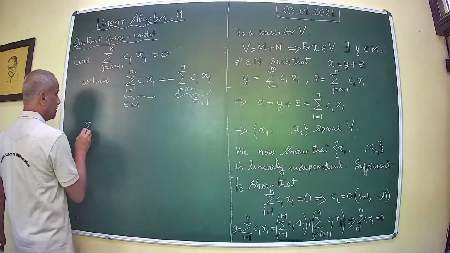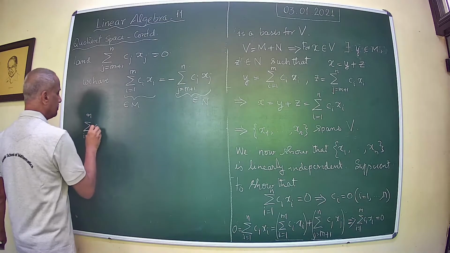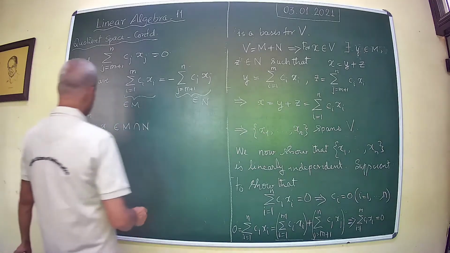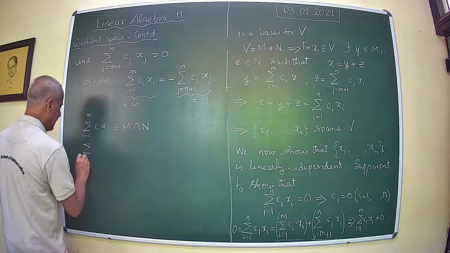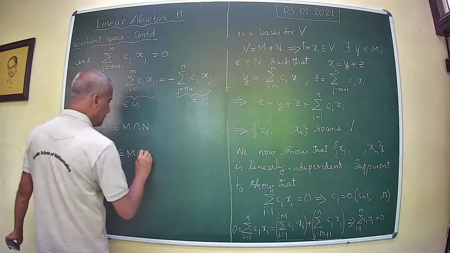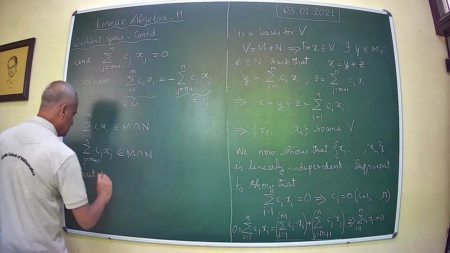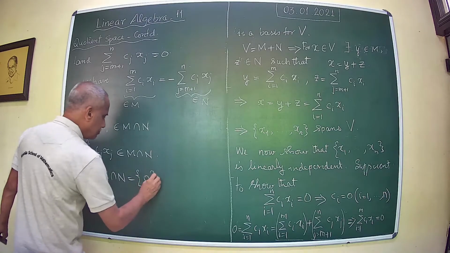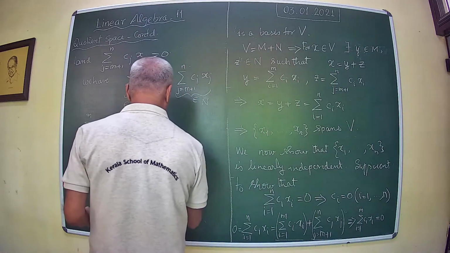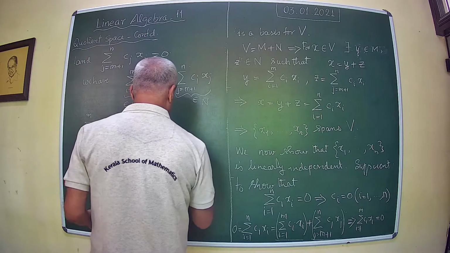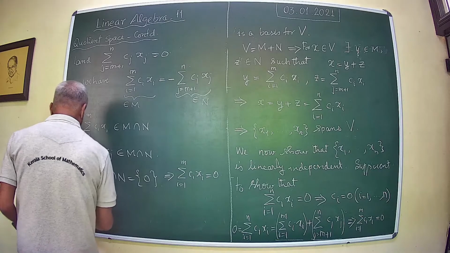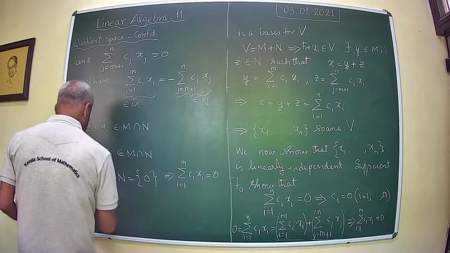So both, and so also sum over j equal to m plus 1 to n cj xj belongs to, but N being a complementary subspace, which implies equal to 0.